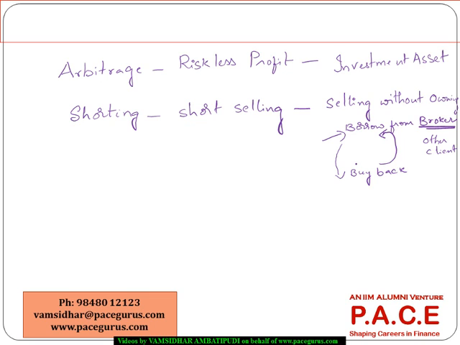I am borrowing something from the broker, selling it in the market, and taking the proceeds then and there itself. But in some cases, the broker may not be able to borrow any more securities. The broker may have a restriction in terms of taking from different clients.